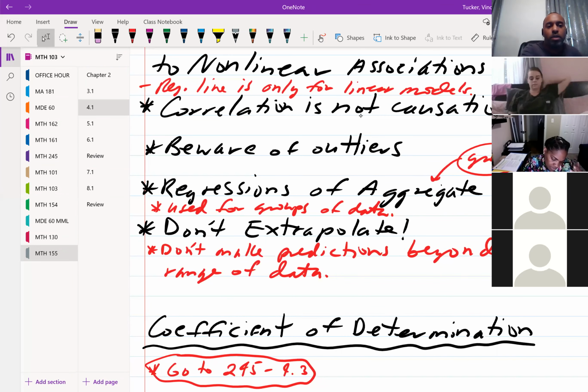All right, are we good to go to the next page? Somebody still copying? All right.